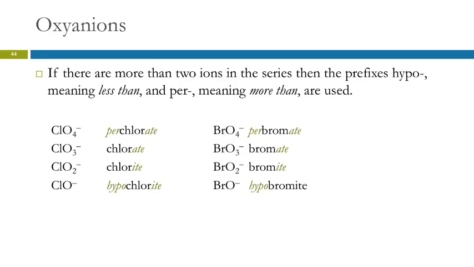What do you think the formula for iodate would be? Iodine is also a sister of bromine and chlorine. So it would be IO3-. It's like they're sharing a sweater, right? The sweater fits on any of them. You just change the beginning of the name.